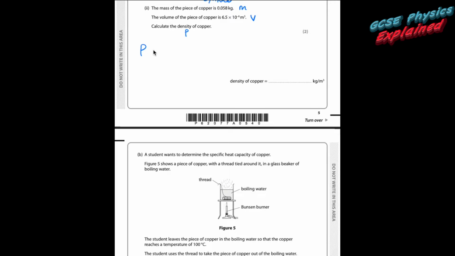So density ρ equals mass divided by volume, so that's 0.058 kilograms divided by 6.5 times 10 to the minus 6 metres cubed, and that equals 8,923.1 kilograms per metre cubed.